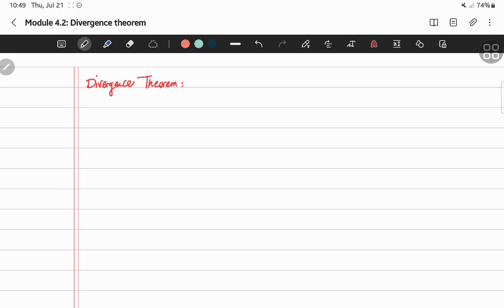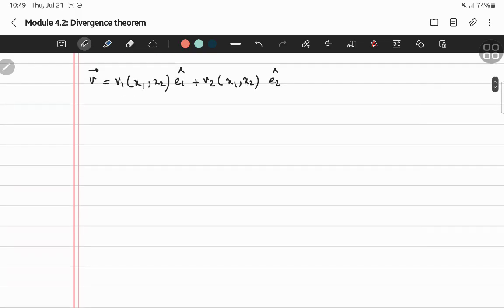So now let's get started with a vector field. If we have V as a vector field, we have V1 as a function of x1 and x2, E1, plus V2 as a function of again x1 and x2, E2.